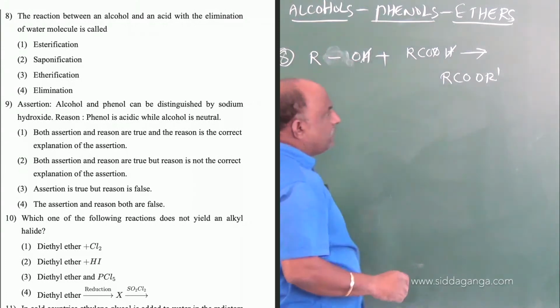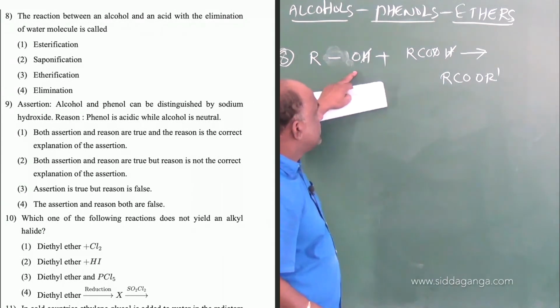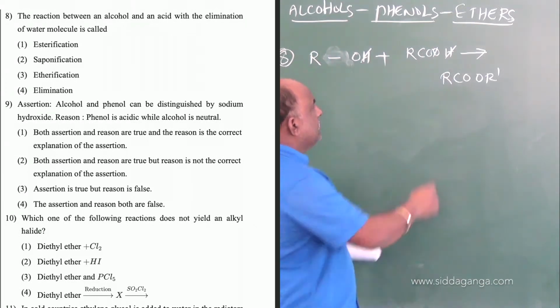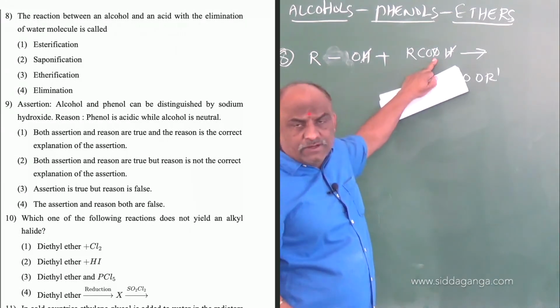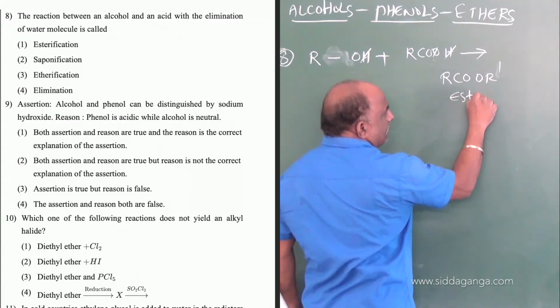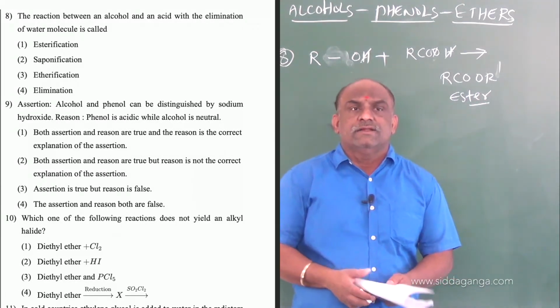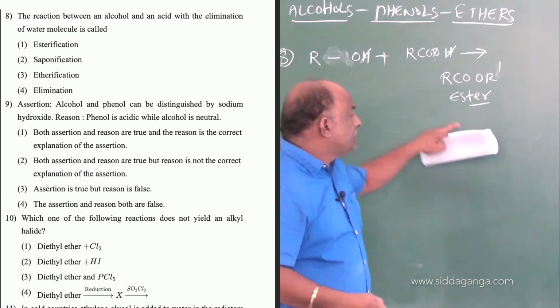ROH is alcohol, RCOOH is carboxylic acid. Alcohol treated with carboxylic acid gives rise to RCOOR'. The RCOOR' functional group is called the ester functional group, and this reaction is named esterification.